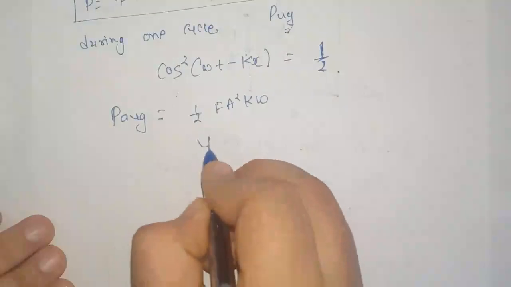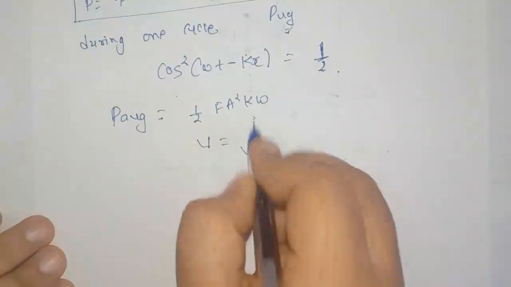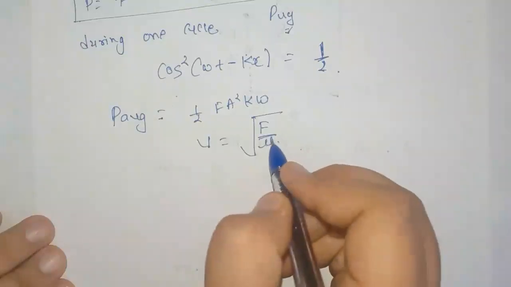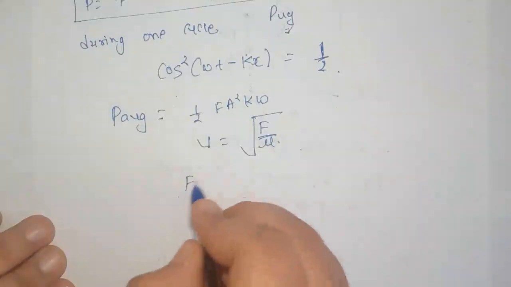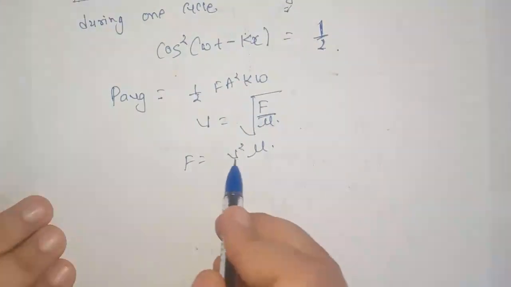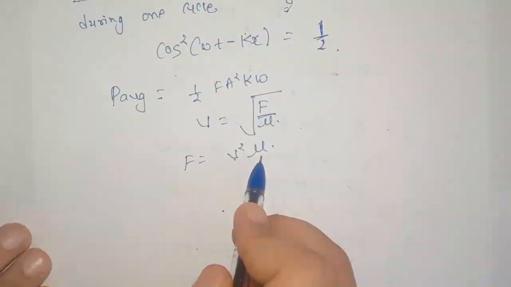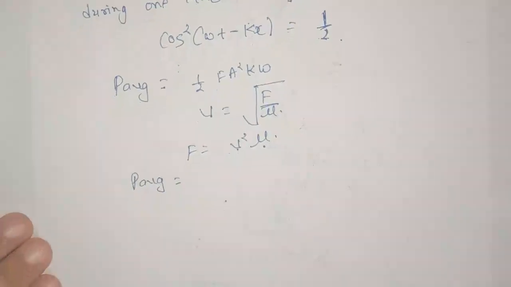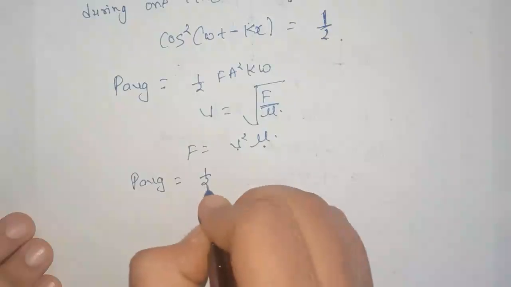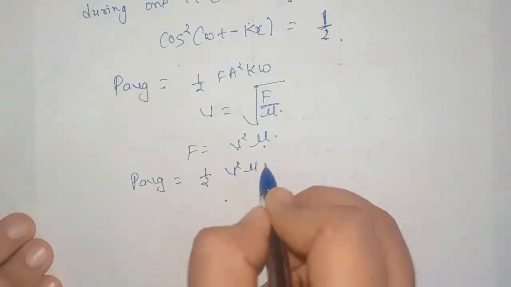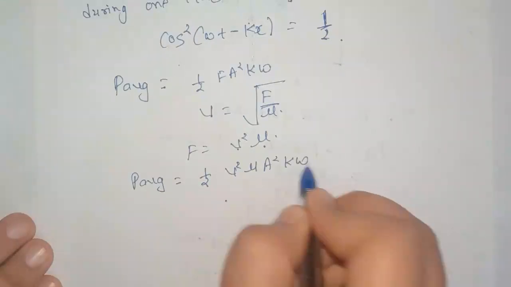But the speed of wave is given by square root of F by mu. So F is equal to v square mu. v is the speed of wave and mu is the linear mass density. So average power will be half, F that is v square mu, a square k omega.